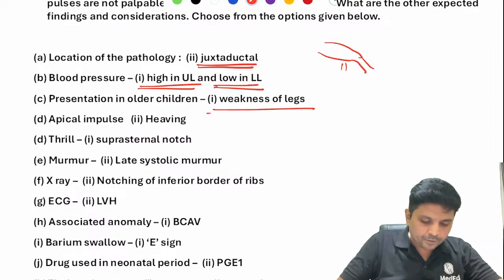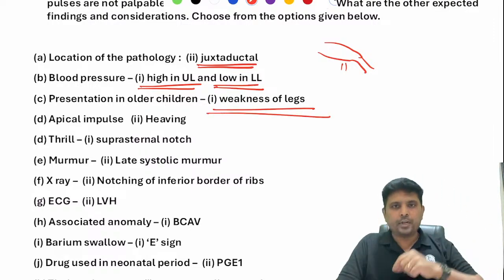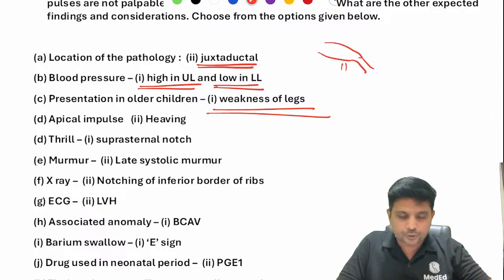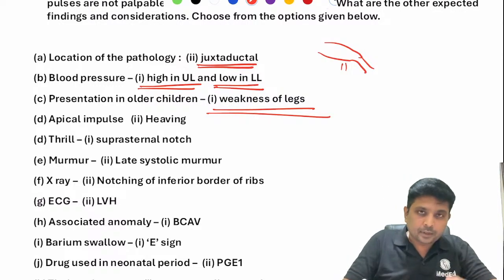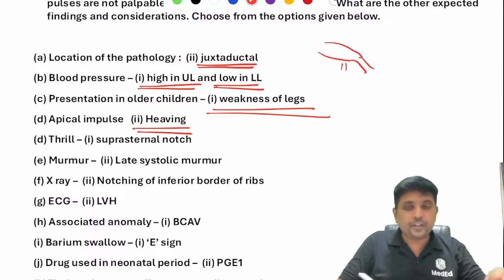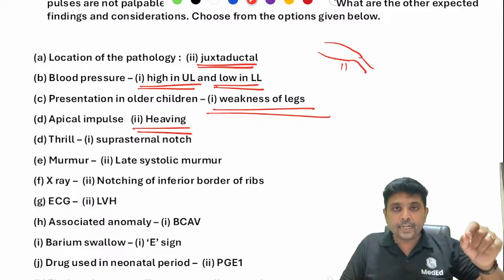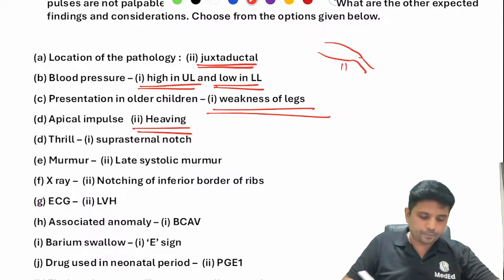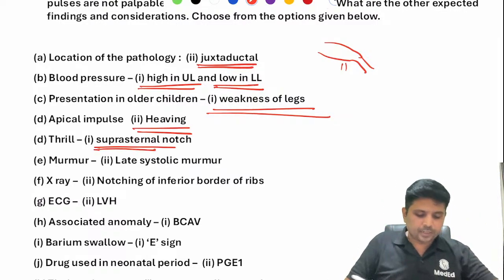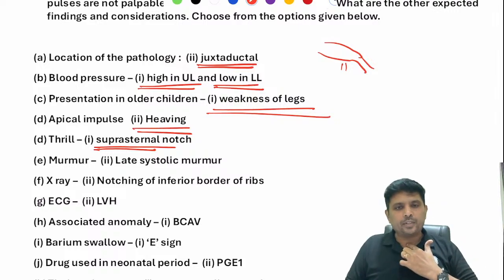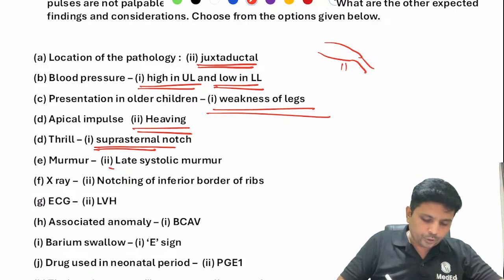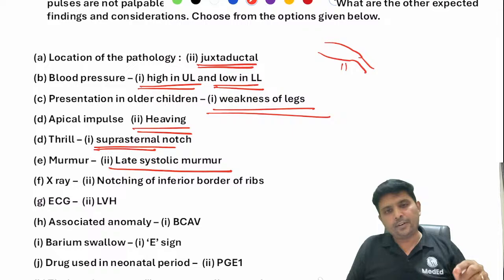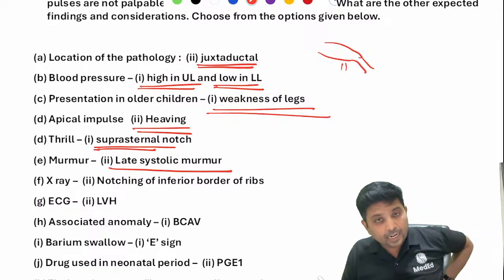Older children often present with claudication, like you get in aortic stenosis. Because of the coarctation, you will get left ventricular hypertrophy leading to a heaving apical impulse. And you can have a suprasternal thrill over the suprasternal notch. As I told you, late systolic murmur in the inferior border of the angle of the scapula.